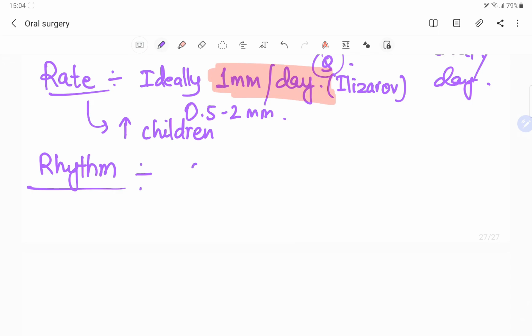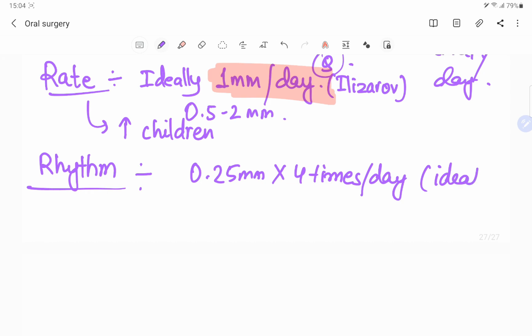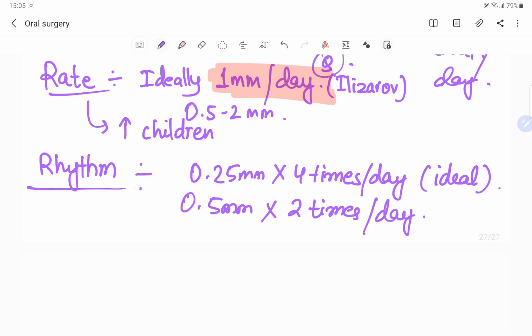How can we do it? We can do this 0.25 millimeter into 4 times a day, right, which is ideal, which is Ilizarov. Then we can also do 0.5 millimeter into 2 times a day, which is the one we do clinically.